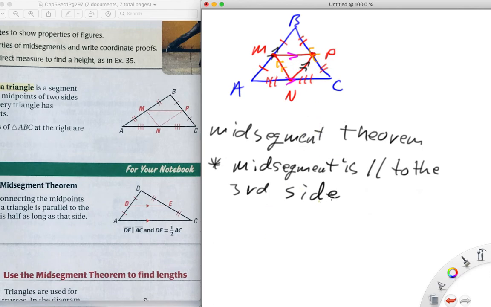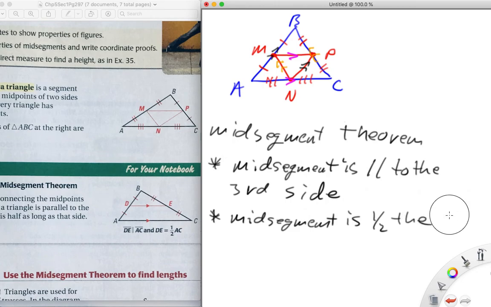They're always parallel to the third side. Not only that, the midsegment is always half the length of the third side as well. Midsegment is parallel to the third side, and the midsegment is half the length of the third side.